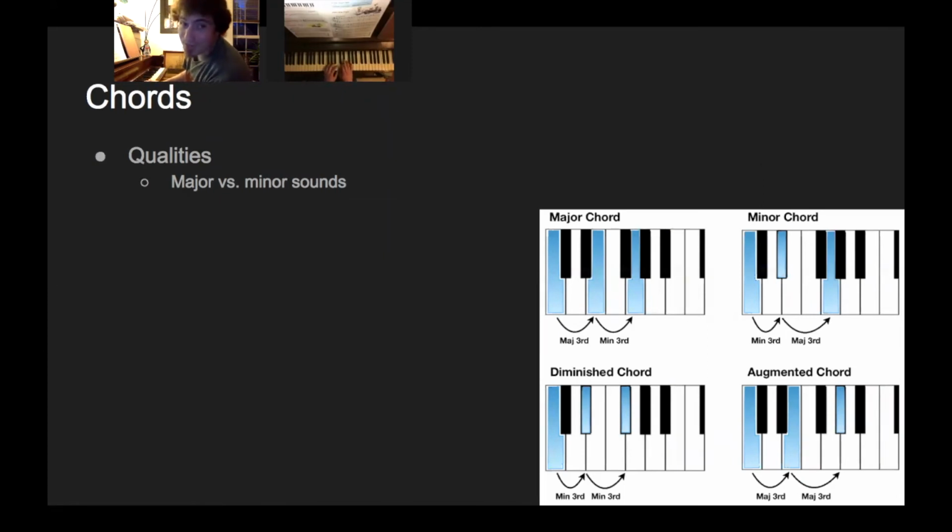Well, if you put a couple flats on that score, you can get a different sound. And then you're going to start discussing what is major and what is minor, and what things to look for, and what things to listen for.